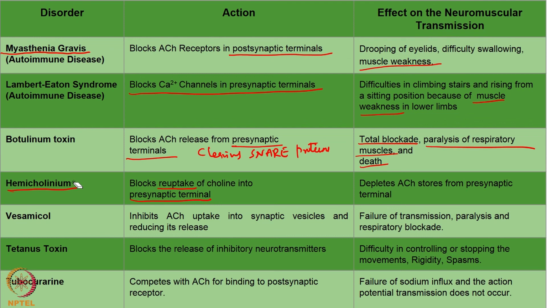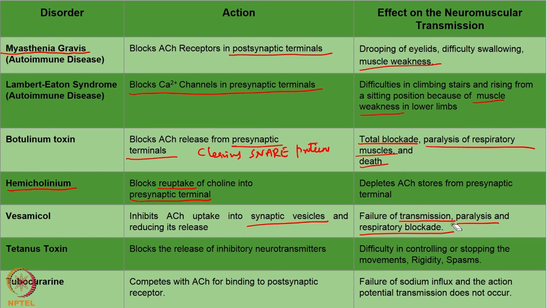Vesamicol inhibits acetylcholine uptake into synaptic vesicles. Basically it blocks packaging of acetylcholine into the vesicles, thus reducing the possibility of its release, right. Essentially this leads to a failure of neurotransmission, paralysis, and when it reaches the respiratory system, respiratory blockade, right.